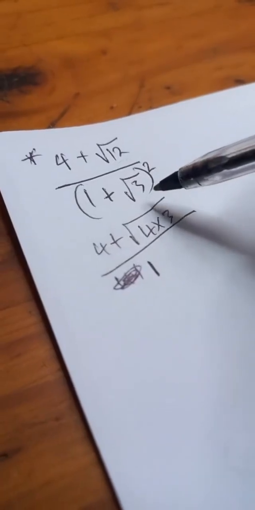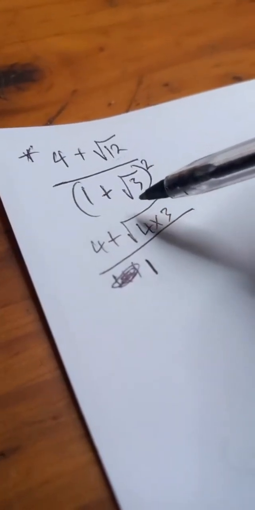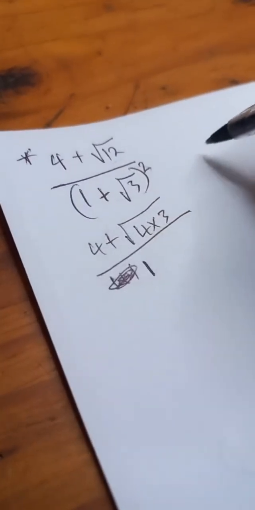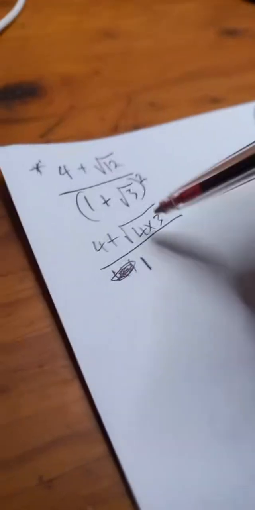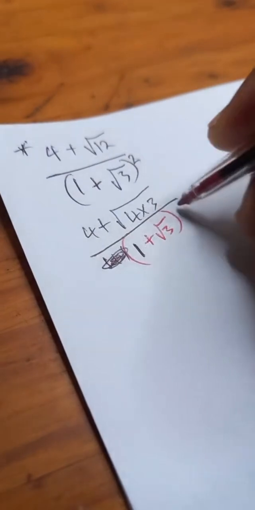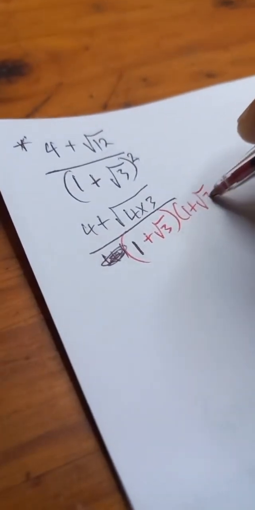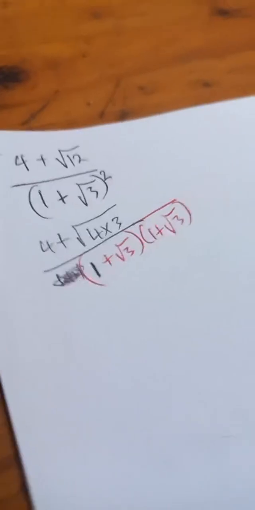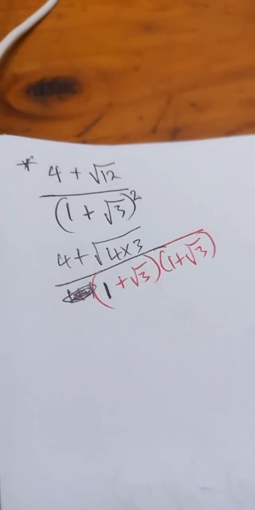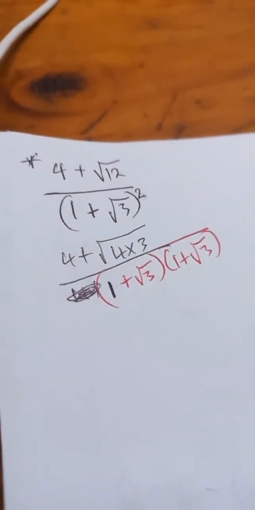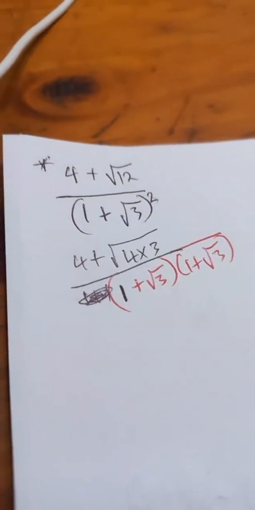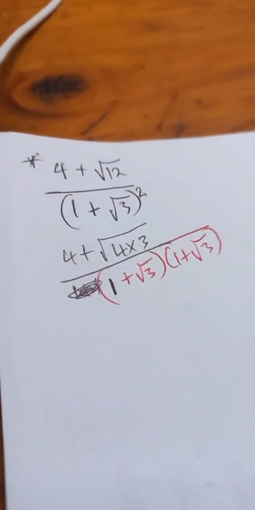Remember, if it is like this, you have to say 1 plus like this, and then 1 plus like this. We do this so that we do not get confused, right? Exponents and surds. Rationalization.